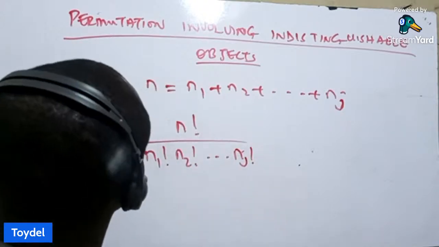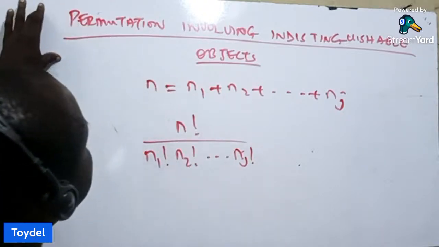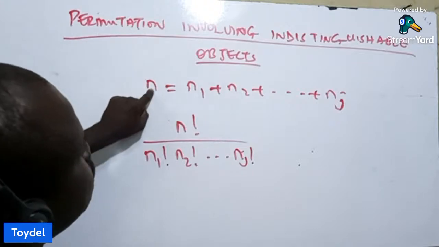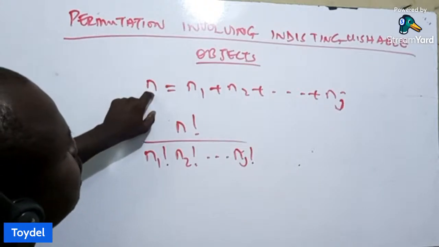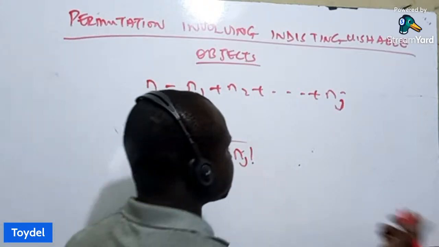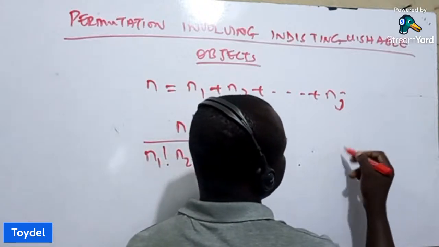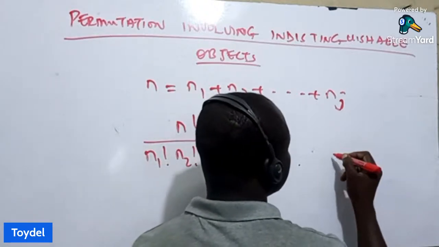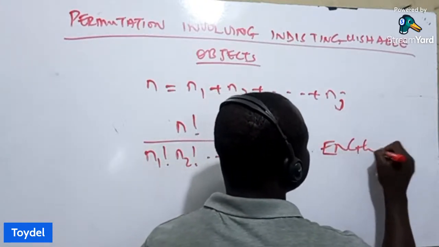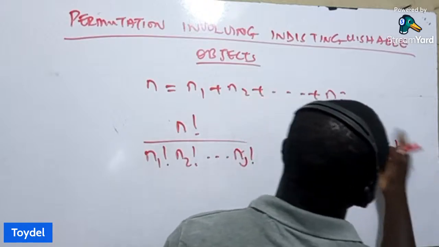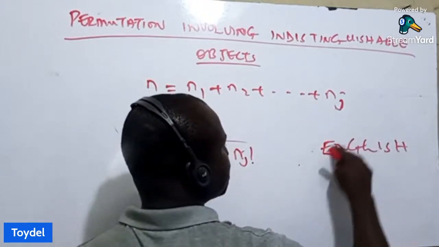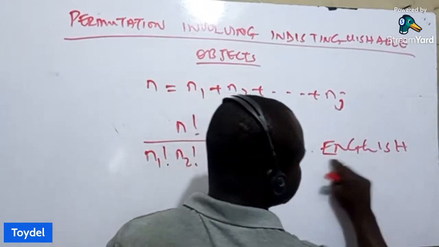So what we are trying to say in this case is that, let's say we are given n objects, maybe in form of a word, for instance, something like English. If the question says, how are we going to take the permutation of each of the letters of this word English?